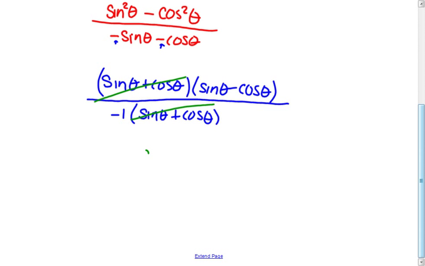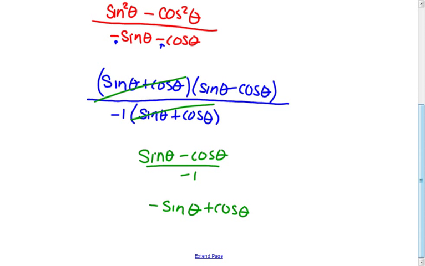And now I have this left, sine theta minus cosine theta. Whoops, I forgot my minus sign. Over negative 1. And of course, if you take sine divided by negative 1, you have negative sine. And if you take negative cosine divided by negative 1, you have positive cosine.